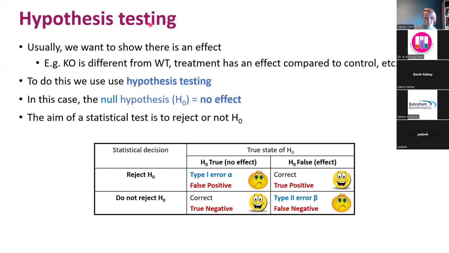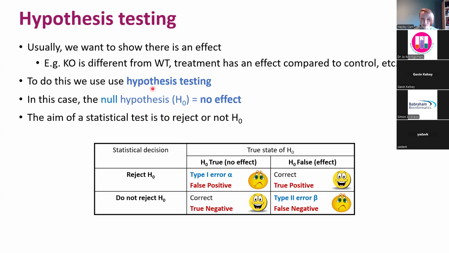So hypothesis testing, usually we want to show that there is an effect in our data. For example, we want to show that our knockout is different from our wild type, or that our treatment has an effect compared to a control, whatever other question we might have. And to do this, we use hypothesis testing.